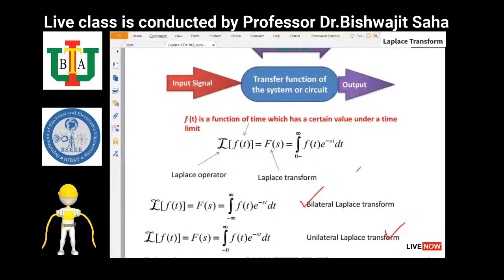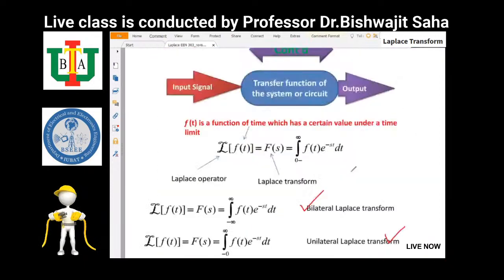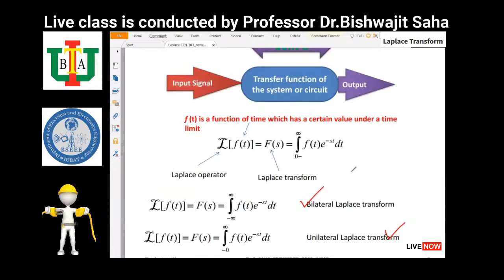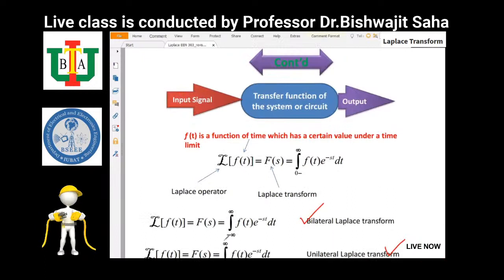That means both sides. Because of both side limit, it is called the bilateral Laplace transform. You can see the limit minus infinity to plus infinity. And unilateral is 0 to infinity. So that's why it is called unilateral.